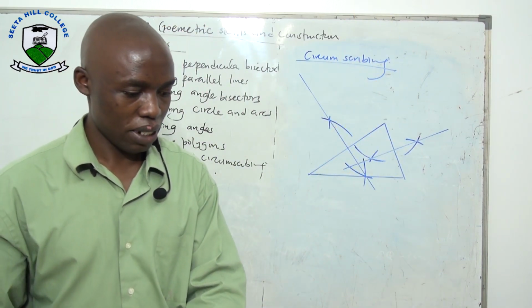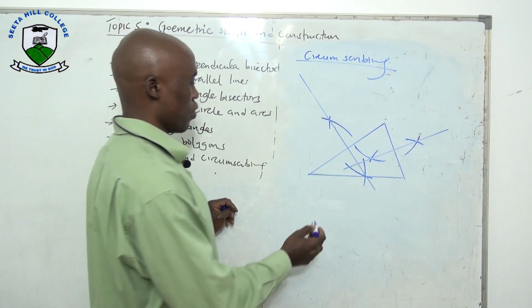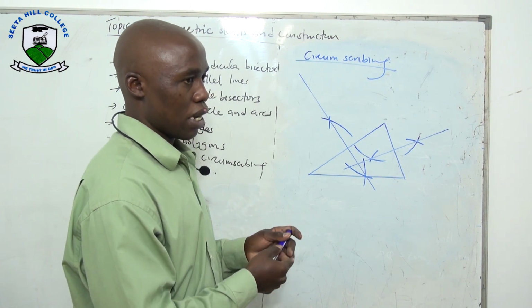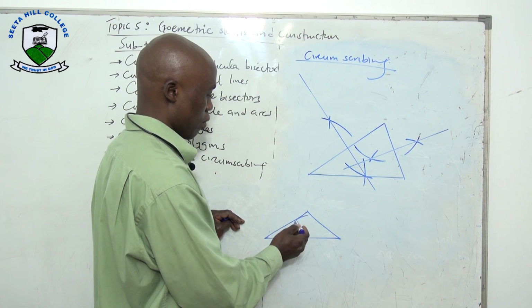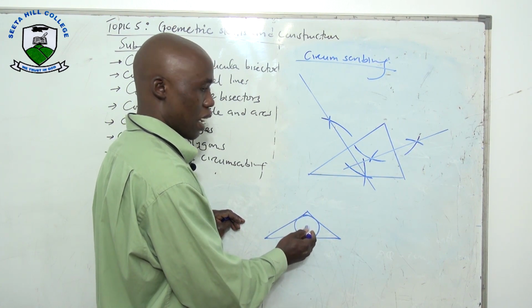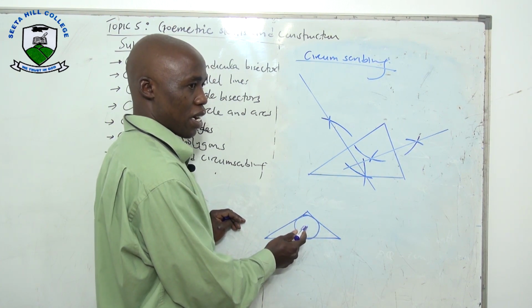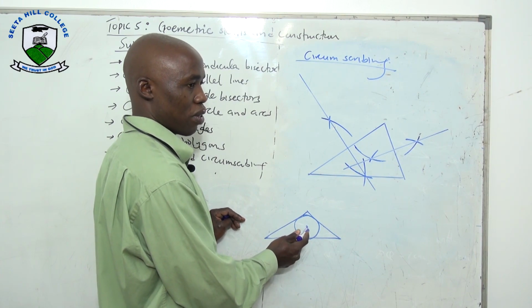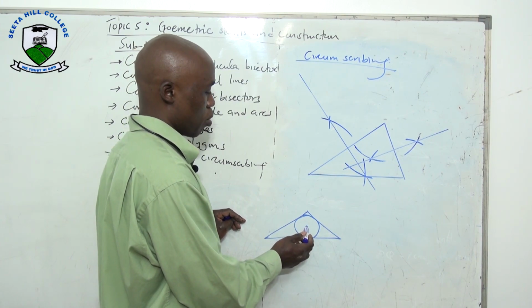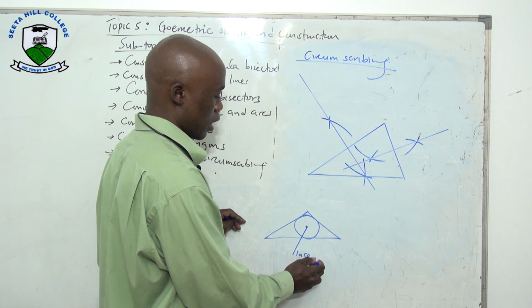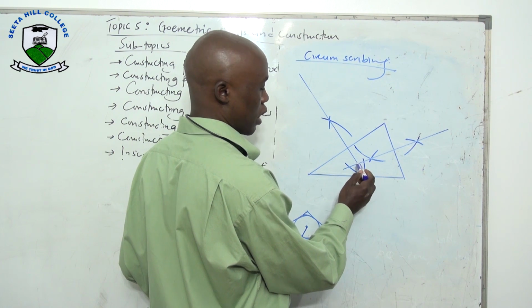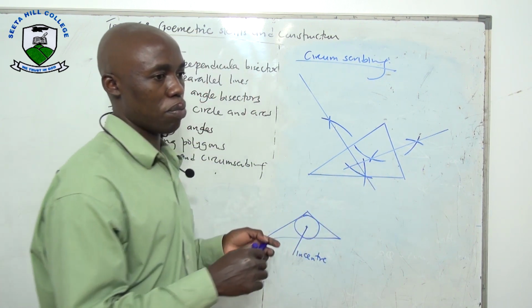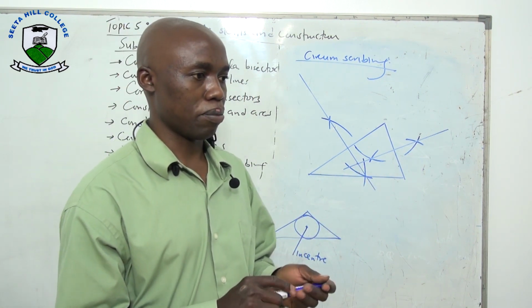And where they meet, now I didn't tell you that when the circle is inside, that middle point is called the incenter, whereas when the circle is outside, it will be called the circumcenter.